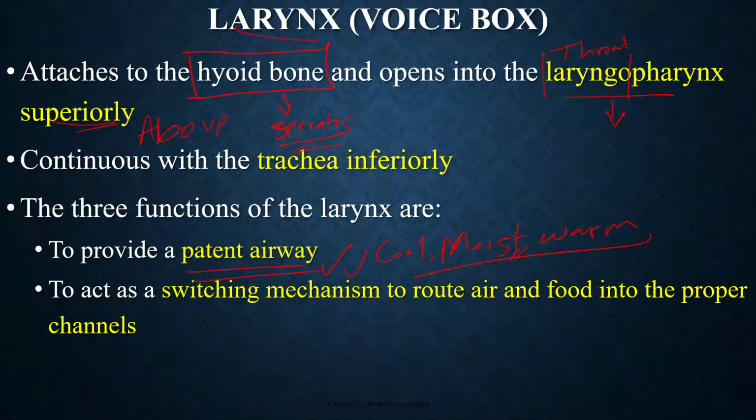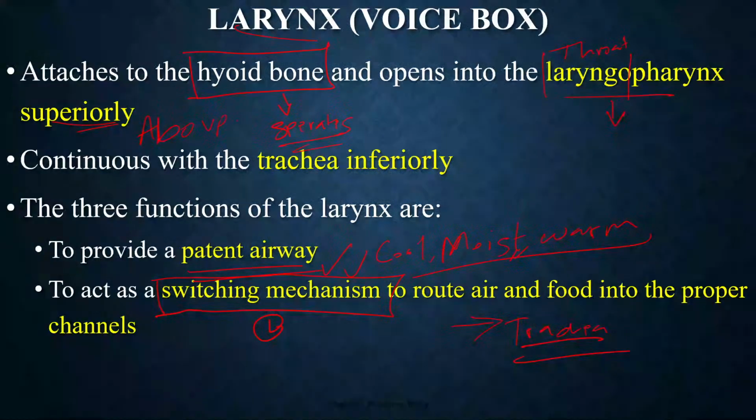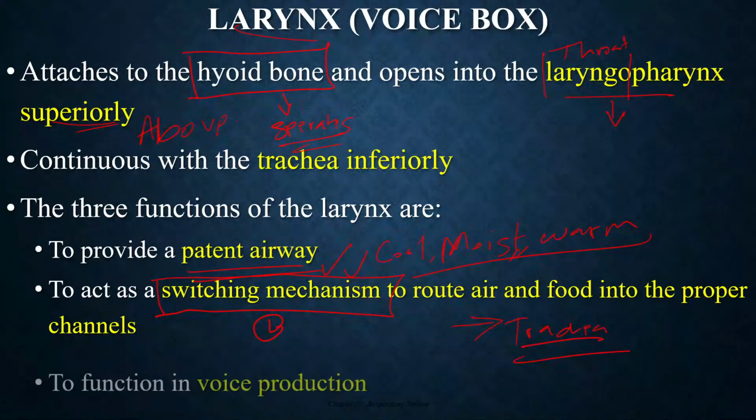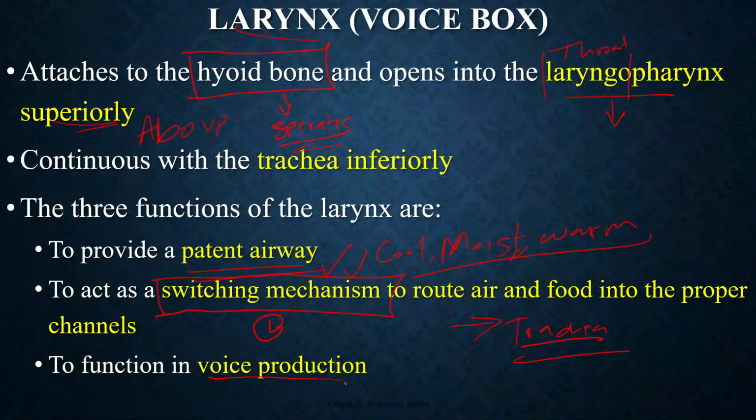It acts as a switching mechanism to route air and food. So its main function is this one, the switching mechanism. When you eat, it directs the food into the esophagus. When you breathe in air, it directs the air into the trachea. The other function is that it helps in voice production.